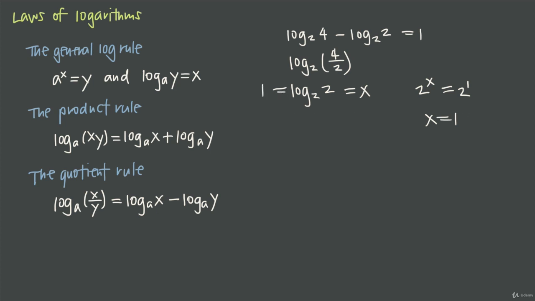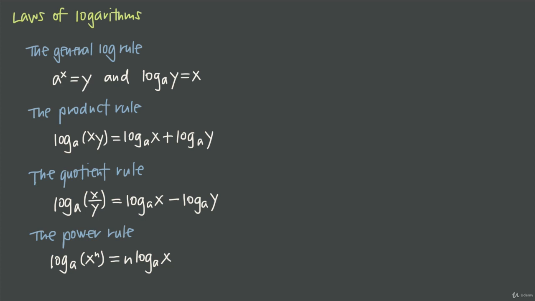The last rule we want to look at is the power rule. And the power rule tells us that when we have log base a of x to the n, so x to the n is the argument, this exponent of n is inside the argument of the log function. It's part of the argument. That's the same thing as n times log base a of x.